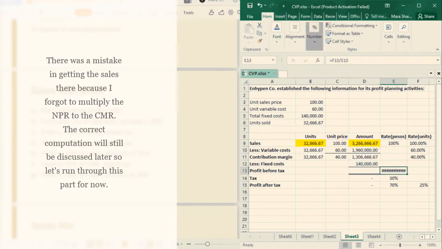So you get the amount of 8266 and so on. To check, let's see if 816 is indeed 25% of your CMR.